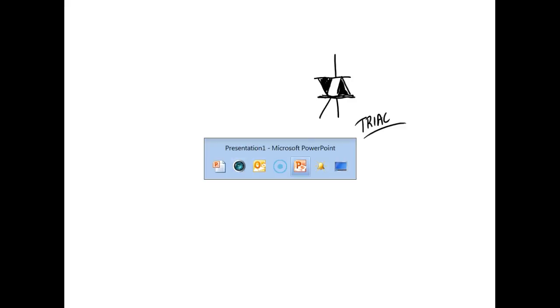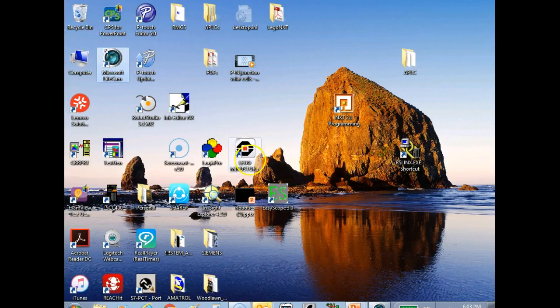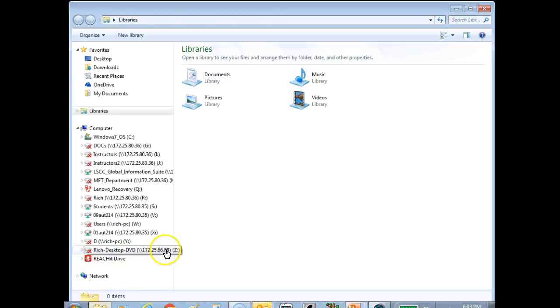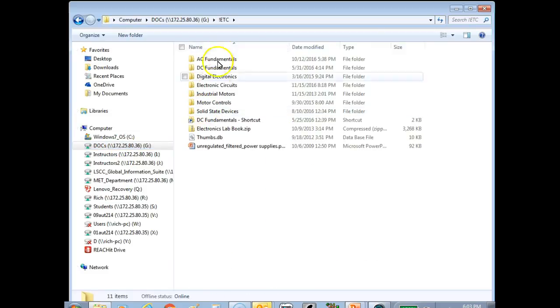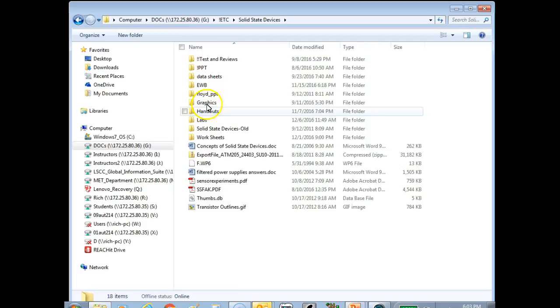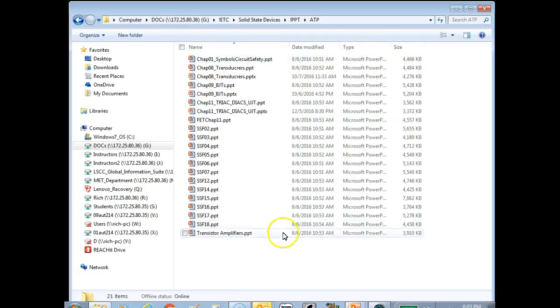This is a device called a triac. I'll tell you what chapter it is. I was playing around with the PowerPoint this weekend, so it's chapter 11.